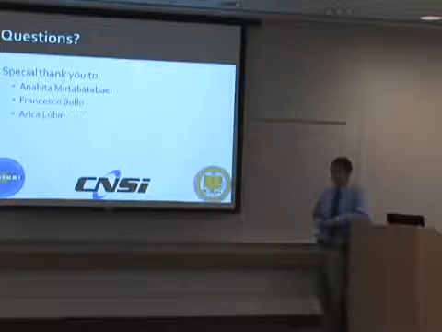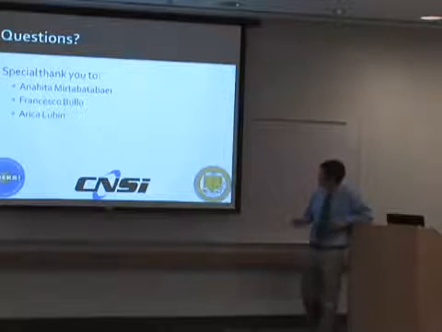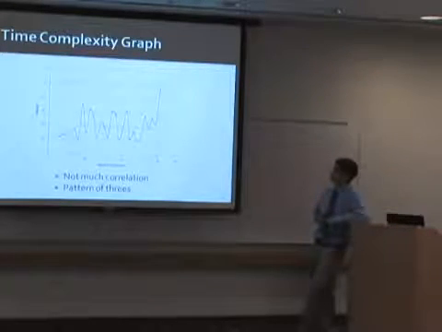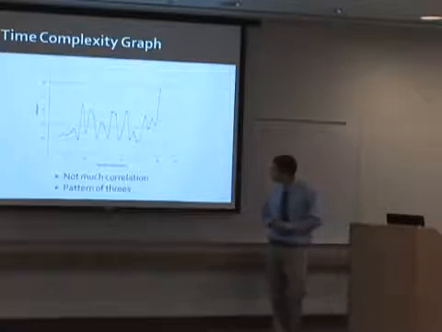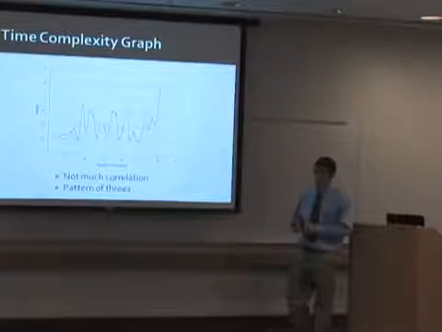What do you mean by the time complexity? You showed a graph about time complexity. What's time complexity measuring exactly? Time complexity measures the time it takes for a program or a process to complete by changing the amount of inputs. In my case, it was the number of particles.